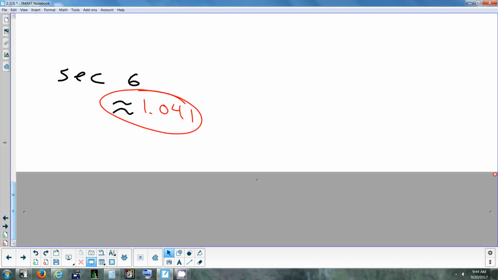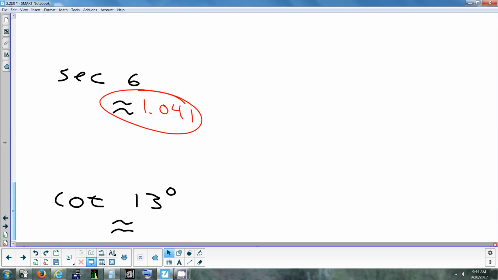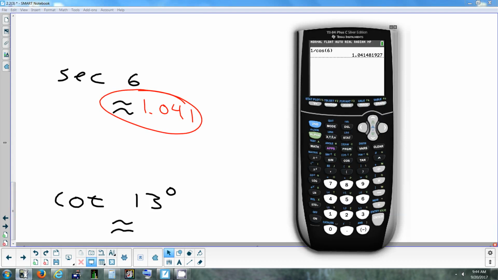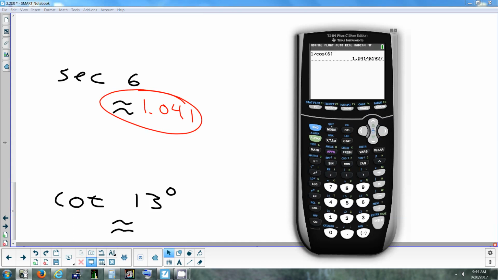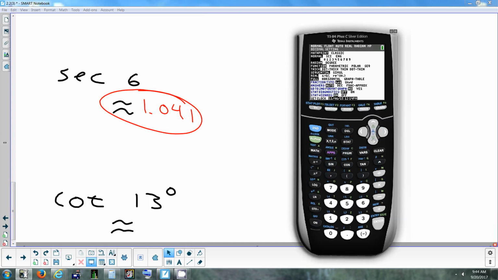Okay, and last one, cotangent of 13 degrees. All right, Matt, can you tell me what I should do for my first step? Yep. My calculator tells me I'm in radians at the top, so I don't forget. Go back to degrees. And how would I get cotangent of 13?